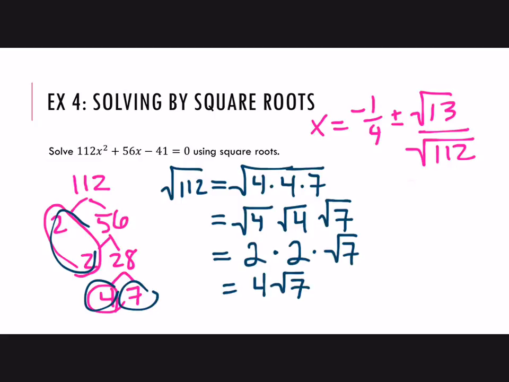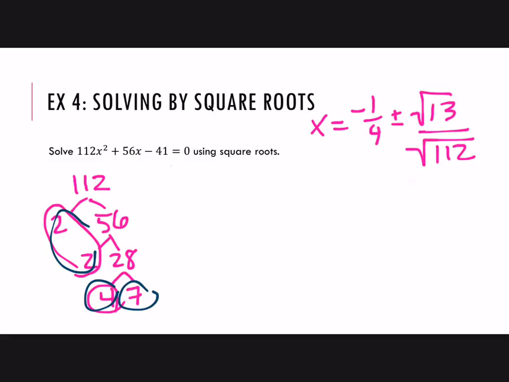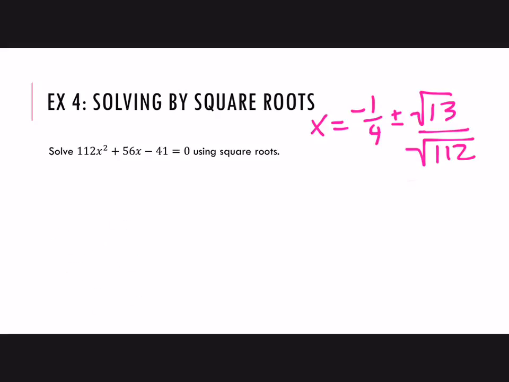Okay, so then rewriting the answer that we had from before, instead of square root 1/12, we're going to write that as 4 square root 7. So we've got x equals negative 1/4 plus or minus square root 13 over 4 square root 7. All right, we're still not done.